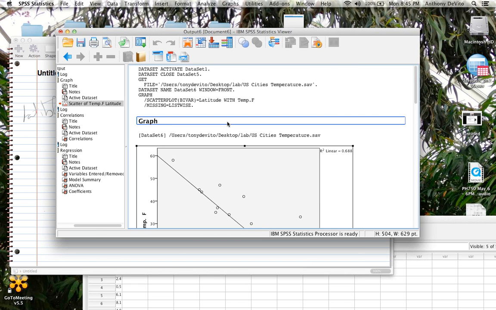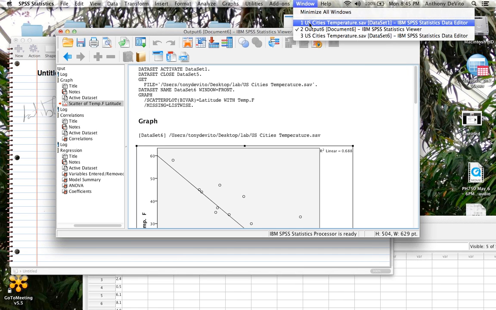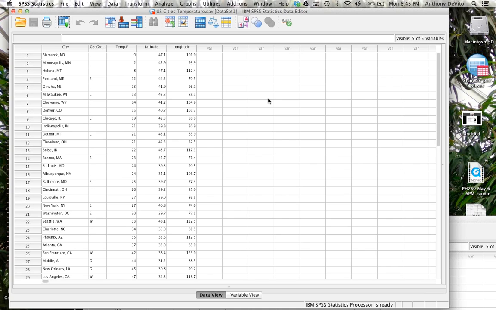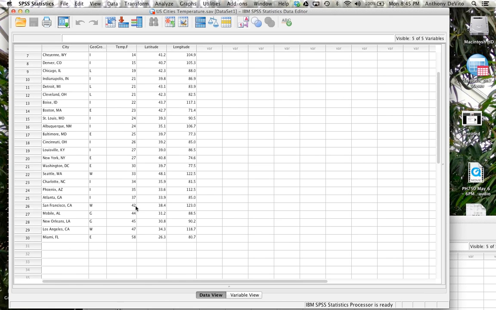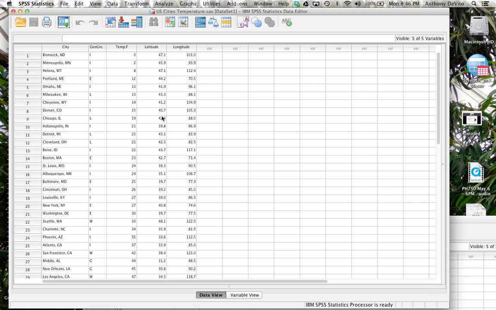I wonder if we can't figure out what that is. Let's see if I can get to my U.S. cities. Let's see. Temperature of about 48, 47, and a latitude of 48. So if I can find that easily.